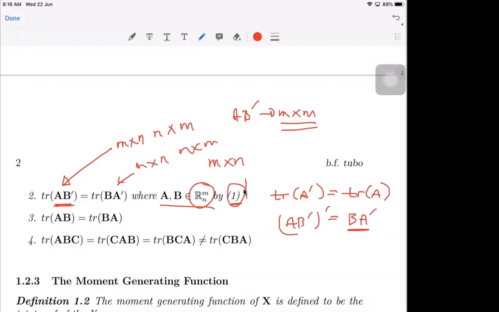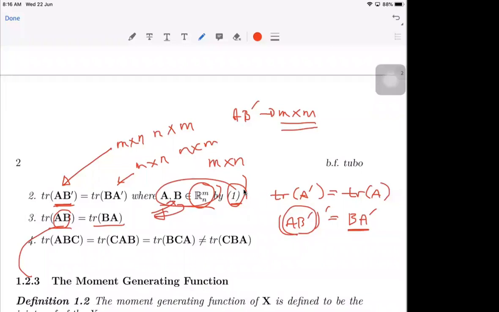So the trace of AB prime is just equal to the trace of BA prime. That is by 1, but this time your matrix is AB prime. Also, the trace of AB is equal to the trace of BA. Here, this assumption is not used. This is assumed that this AB here is conformable, no? They should be conformable for it to be true.